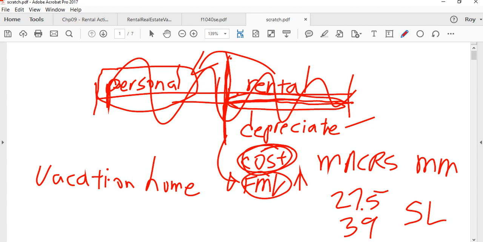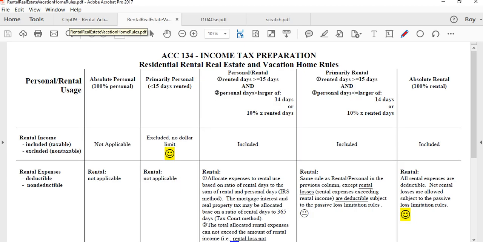So our textbook has some discussion of the rules, but I want to make it more visual. So there's this handout here in our chapter 9 Laulima resources folder called Rental Real Estate and Vacation Home Rules. And it's a spectrum of different rules based upon personal use.